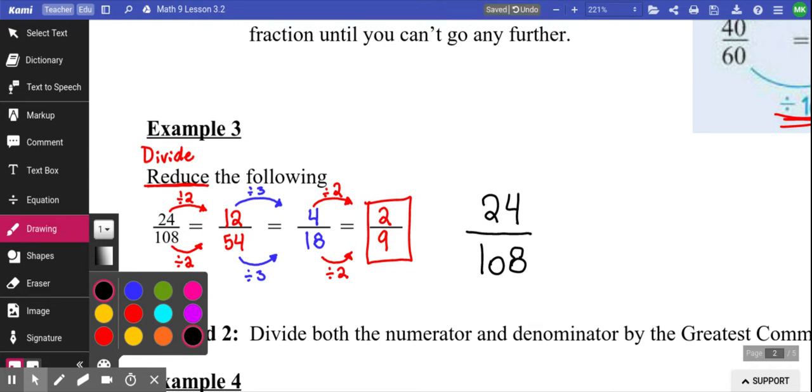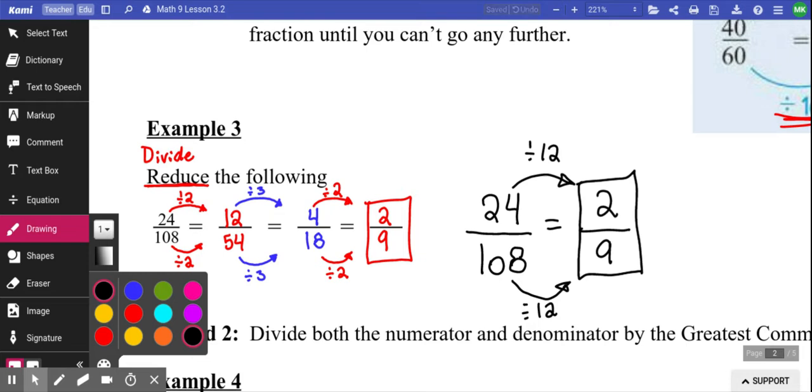What could I divide by? 12. So if I took 24, divided it by 12, I get 2. If I took 108, divided by 12, I would get 9. And you notice that I get to my reduced form quicker.